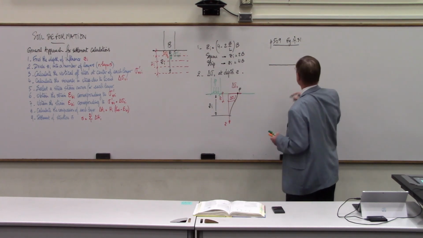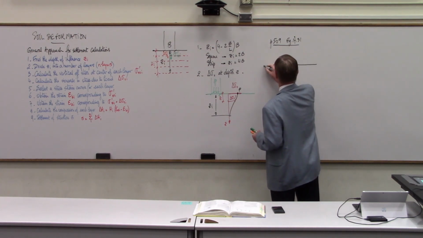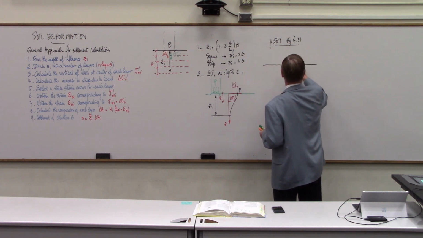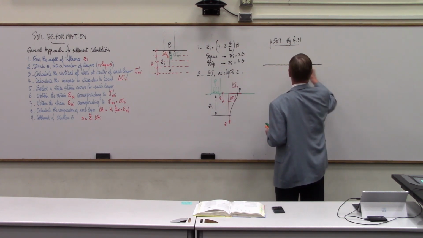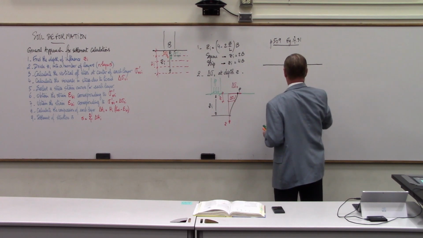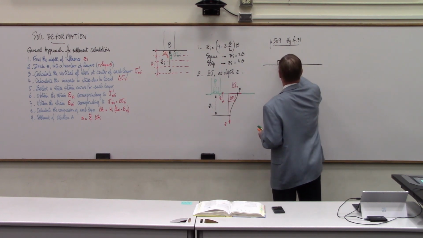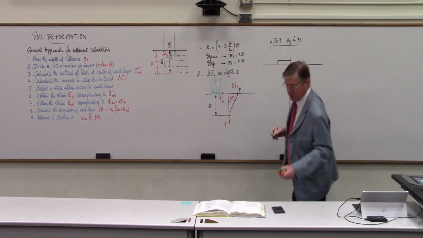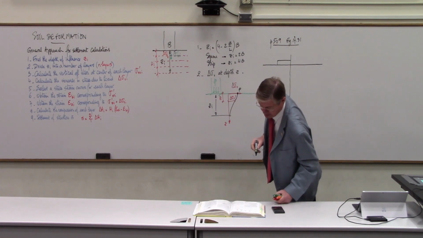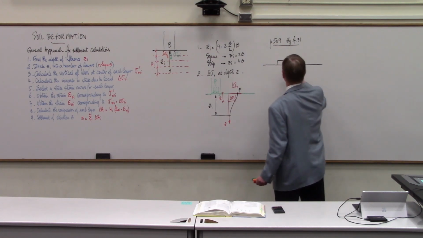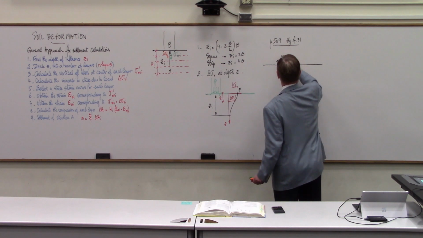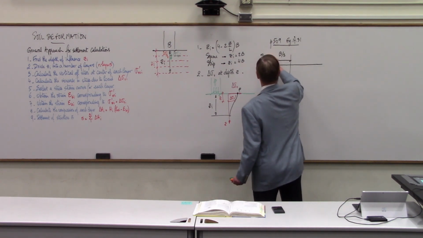It has a footing, and it's split in half. On one side of the figure, you have a square footing, and on the other side, you have a continuous footing. So this is actually B over 2 of a square footing here.